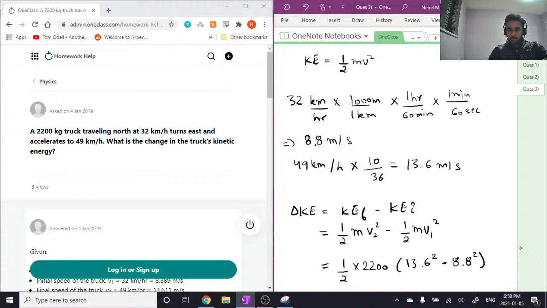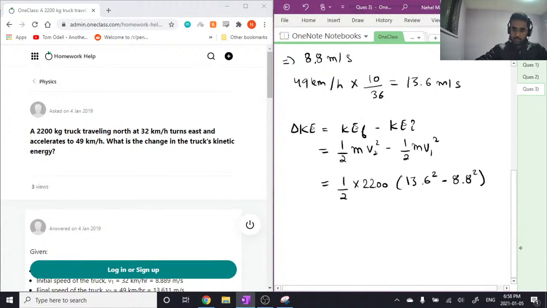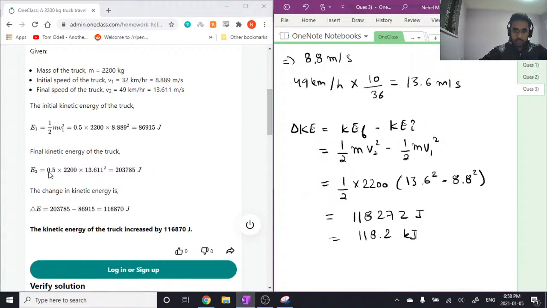Since it's a big number, I will now divide the final answer by 1,000. So we get 118,272 joules, or 118.2 kilojoules as the change in kinetic energy.